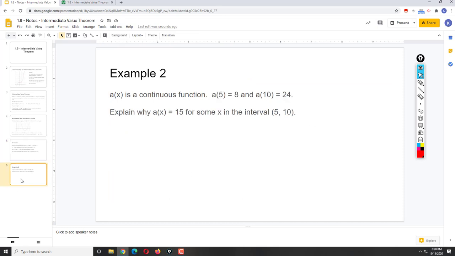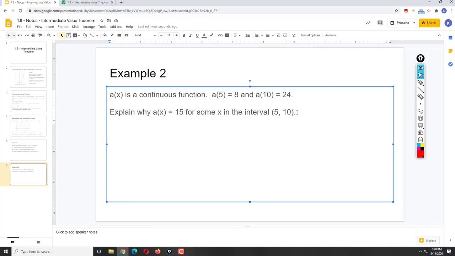Example 2. A of x is a continuous function. A of 5 equals 8, and a of 10 equals 24. Explain why a of x equals 15 for some x in the interval 5 to 10. Well, we know that 15 is between 8 and 24.